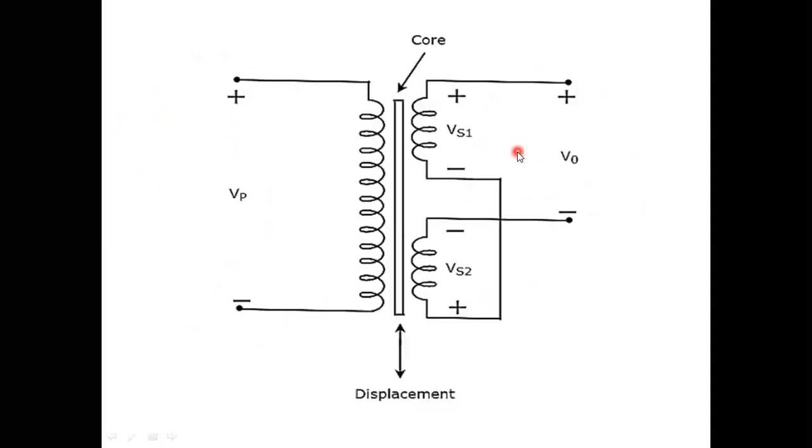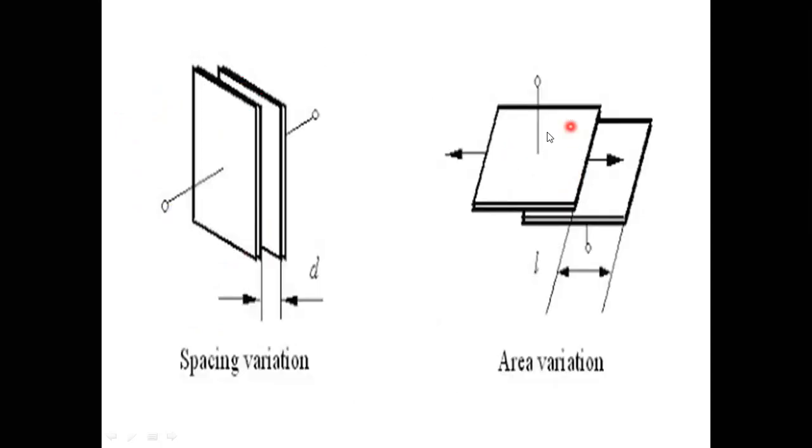Previously, the first plate and second plate, meaning bottom plate and top plate, are parallel to each other, meaning these two plates overlap each other. Therefore C equal to epsilon A by D is valid.